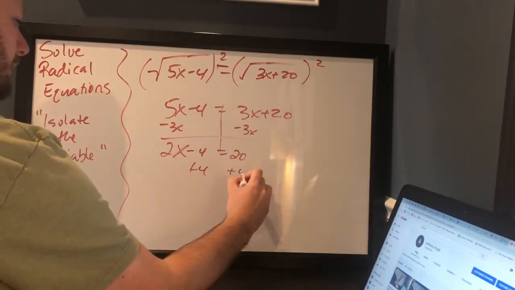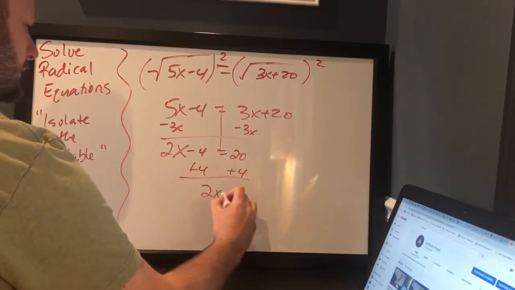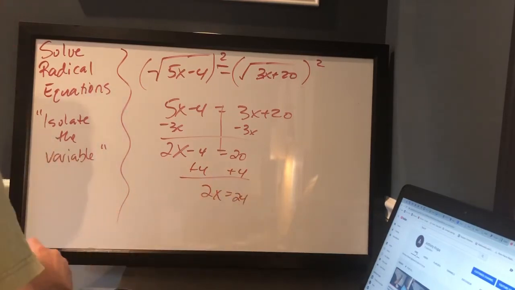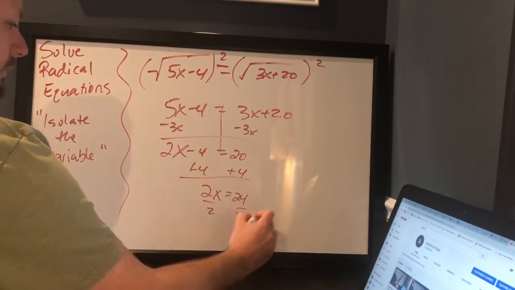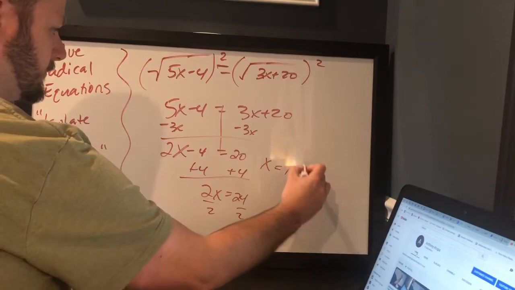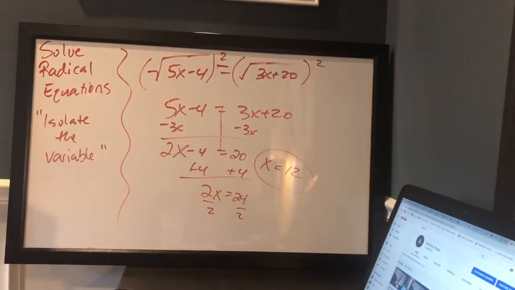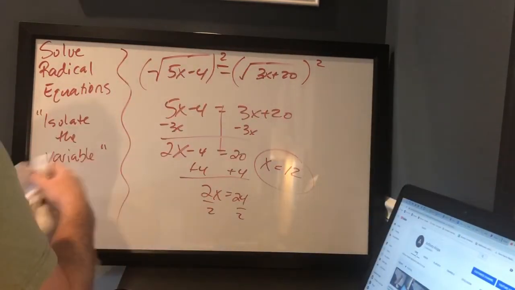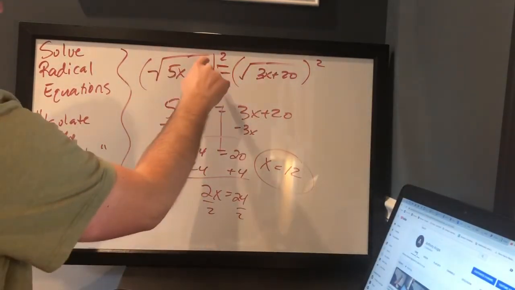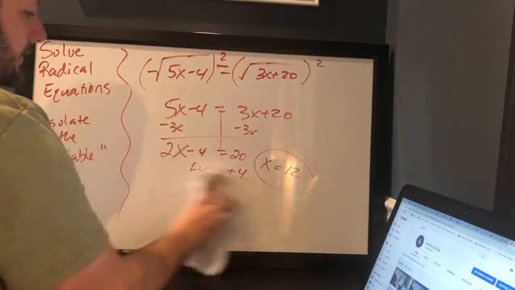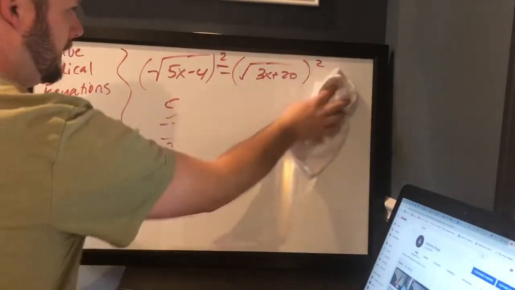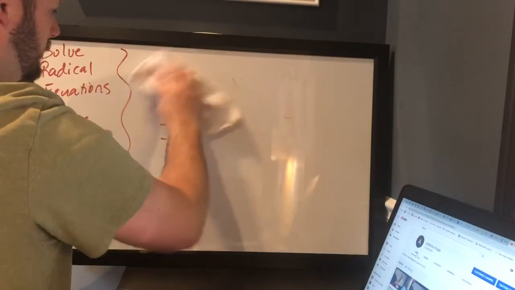Add 4. 2x equals 24. Divide by 2. x equals 12 would be our answer for that one. Again, guys, this is all stuff I know you can do. Just remember that the inverse of taking the square root is squaring. So if you've got that sign and you need to get rid of it, you need to square.